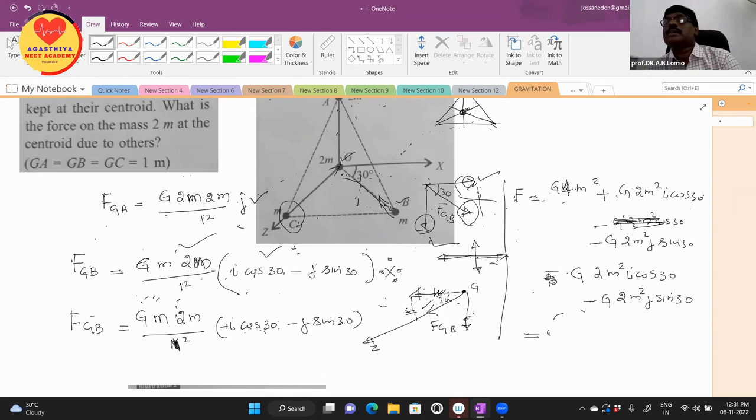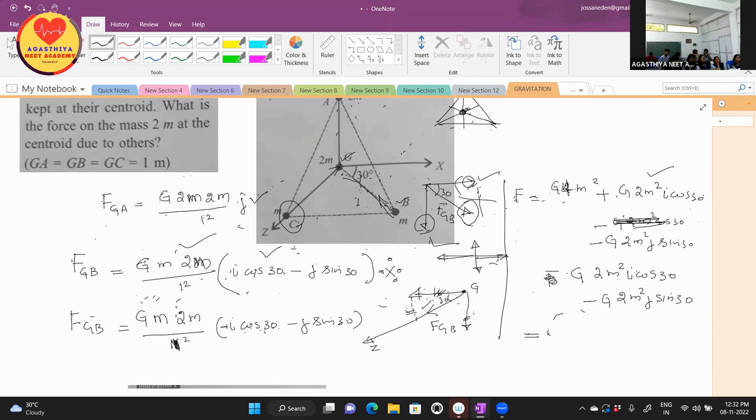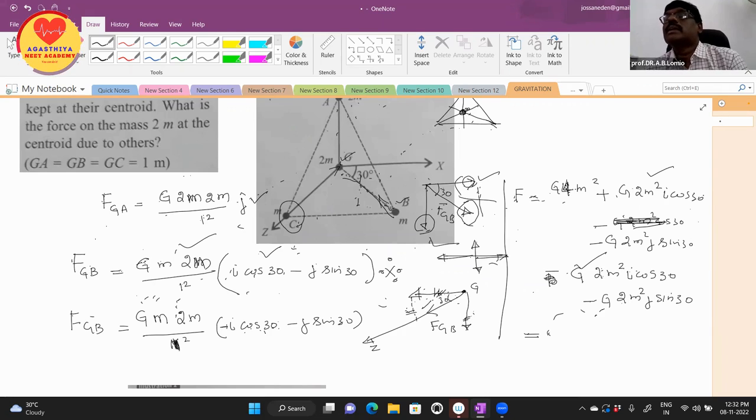What is the final answer? Here, this is positive G 2m squared i cos 30. G 2m squared i cos 30. Both get cancelled. Understand?